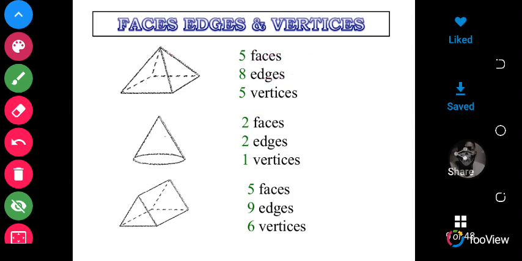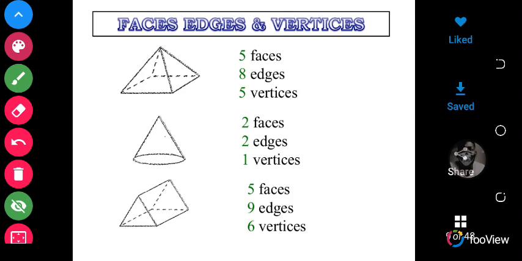And the edges, we have 1, 2, 3, 4, 5. The dotted lines are apart. 6, 7, and 8. 8 edges. And the vertices are 1, 2, 3, 4, 5. 5 vertices.